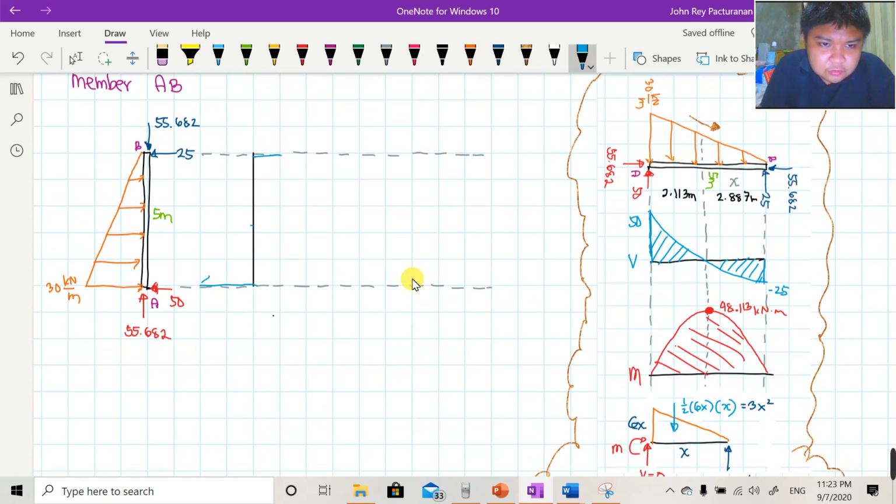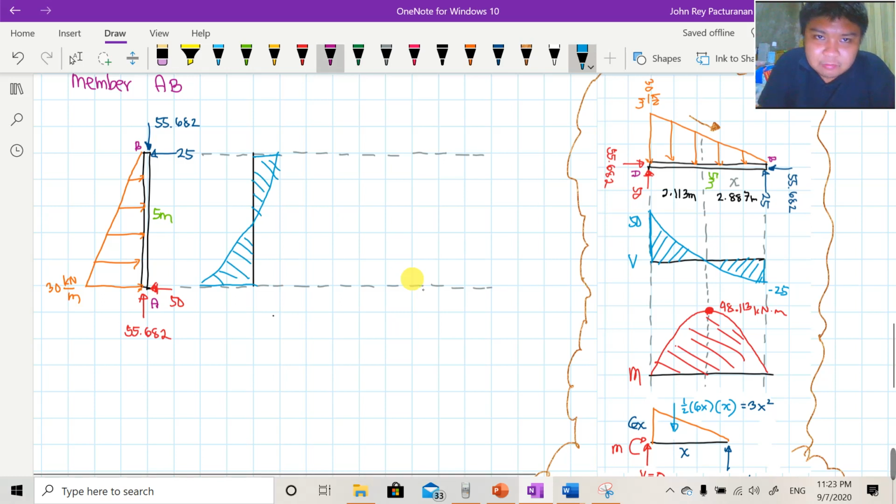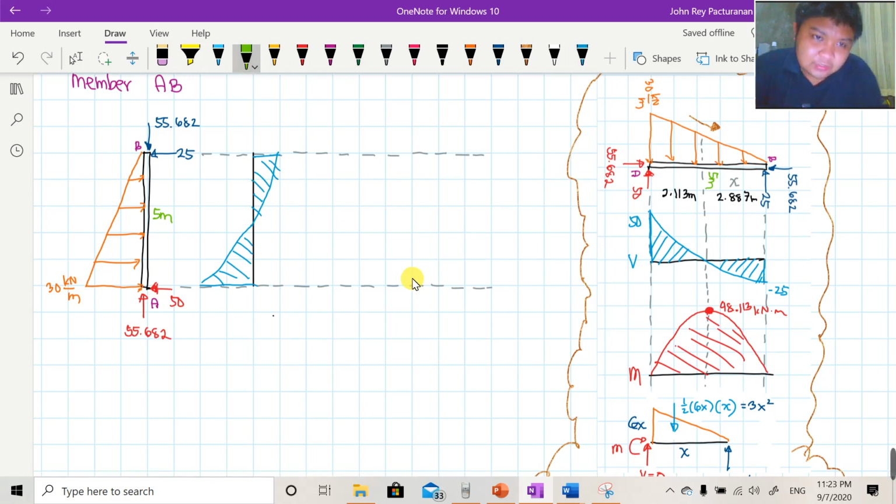Okay. Ayan. Tapos, shade man lang halimbawa. Then, 2.887 meter. Then, connect halimbawa. Tapos, sketch mo yung maximum moment. Diba? Ganun lang, class.